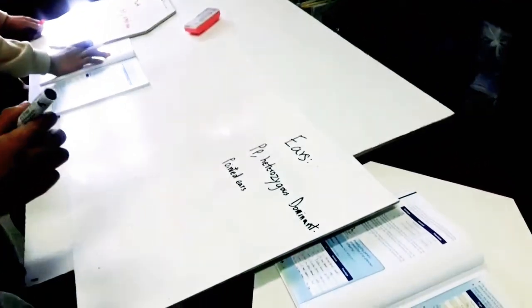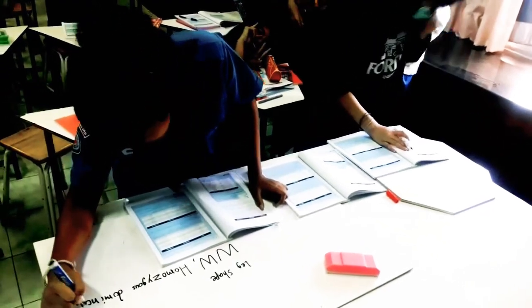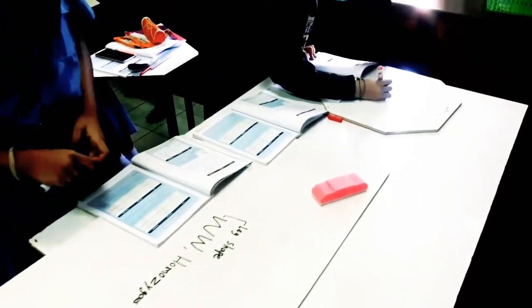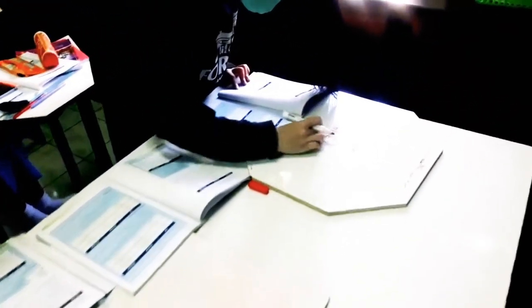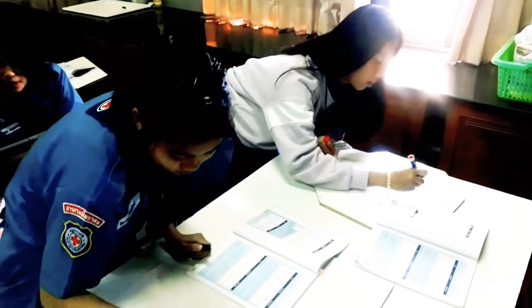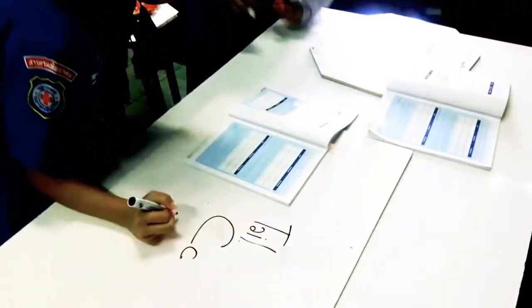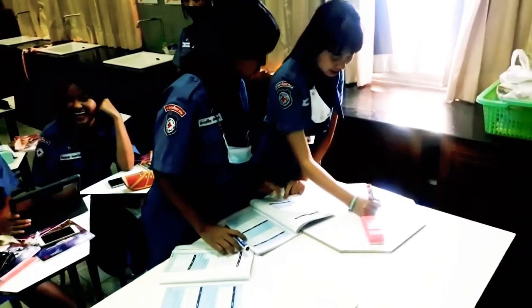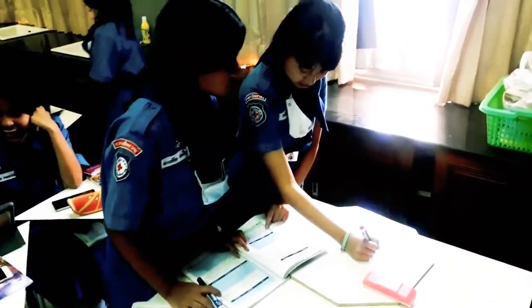Traits given, for example, horns. Next, tail, ears, teeth, leg shape, and tongue. And what will be the genotype? So, how are we going to determine the genotype? This is very simple. Genotype is always written by letters or a pair of letters. Alright?